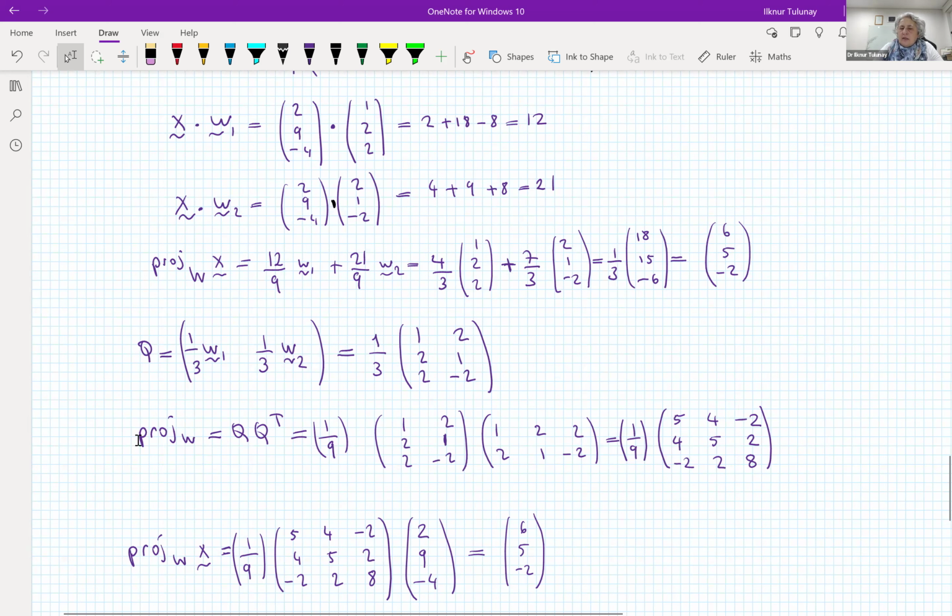And asking the question, what is the projection of this vector on W, basically you multiply this matrix and the vector and you get the result. So this is another way to calculate the same vector as we calculated here. I'm using a matrix representation for the projection here, and I'm getting the same results.